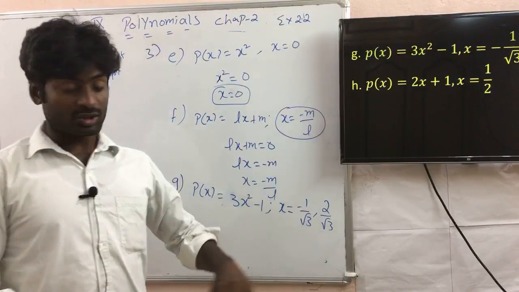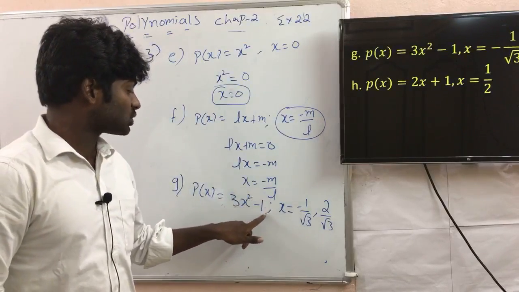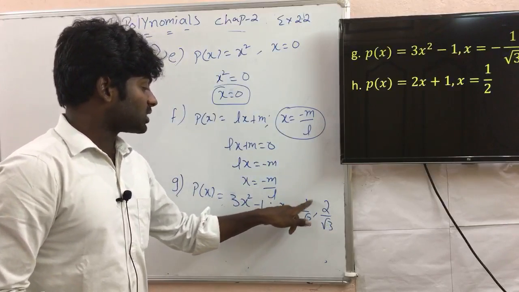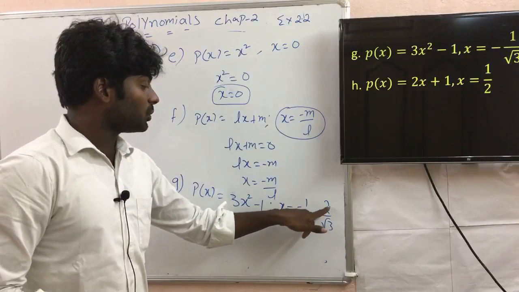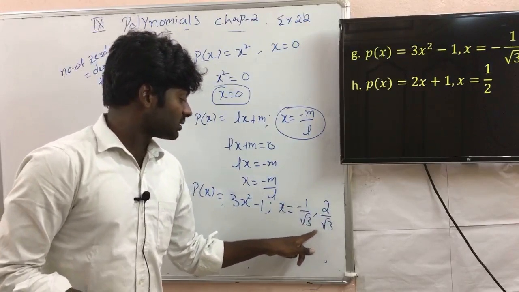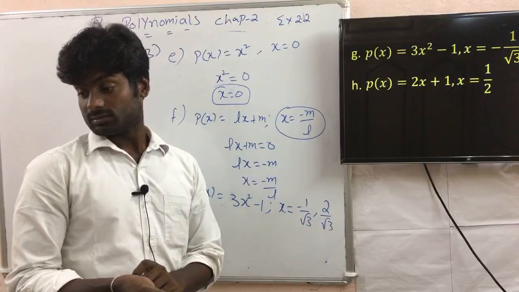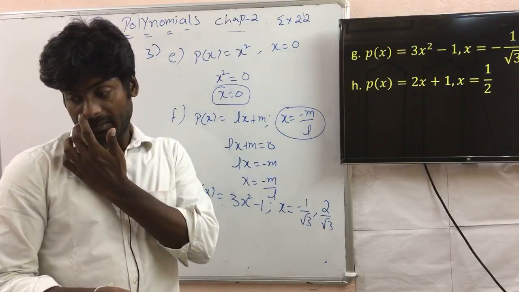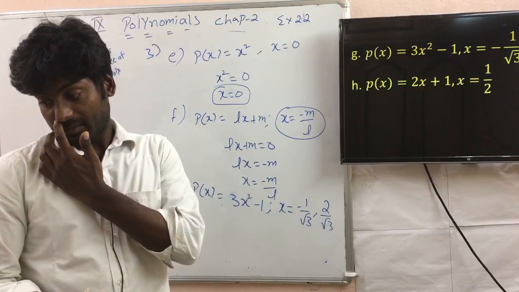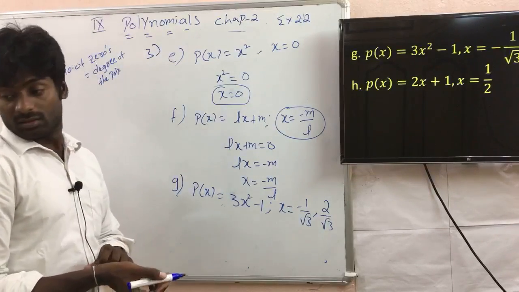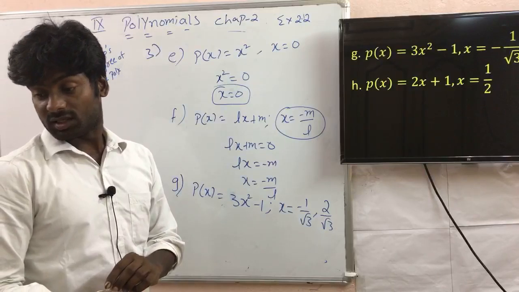Now answer this question. He has given the polynomial 3x square minus 1, and the zeros are x equal to minus 1 by root 3 and 2 by root 3. Are the given values zeros for the given polynomial or not? Really, check once properly.